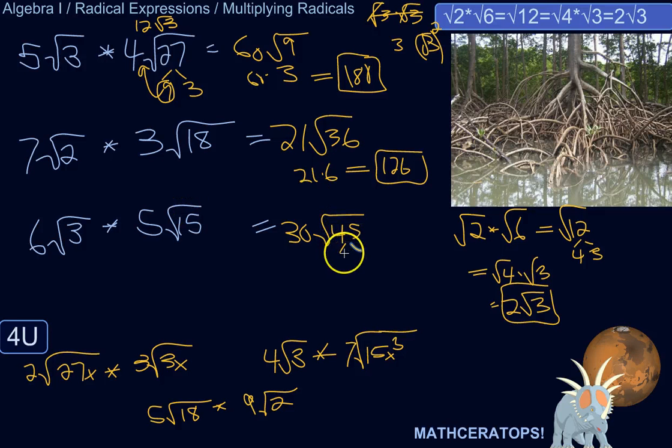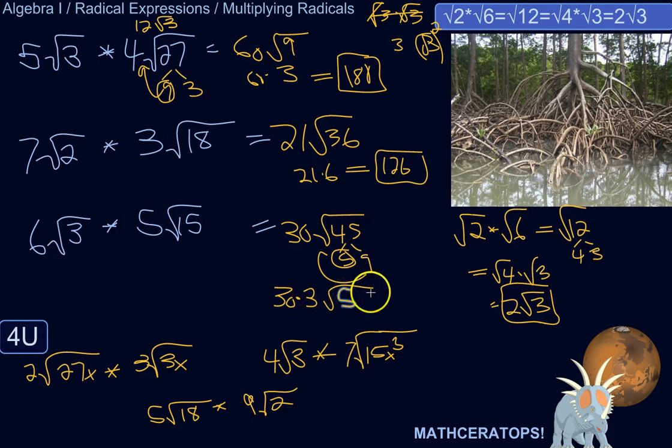I could look at this as 5 times 9, or 9 times 5. Because then the square root of 9 is 3. So I can pull that out front. So this would be equal to 30 times 3. And then what's left under the radical is 5.